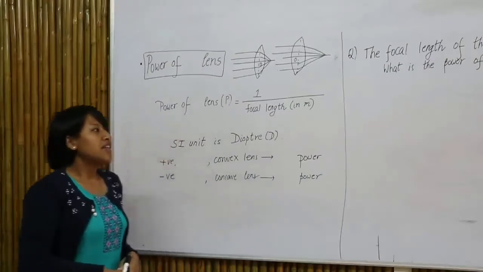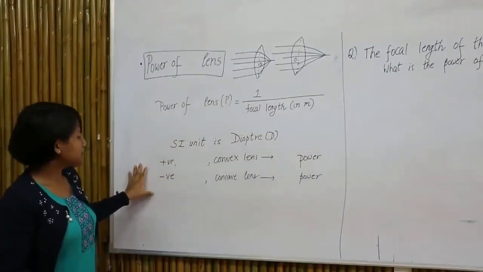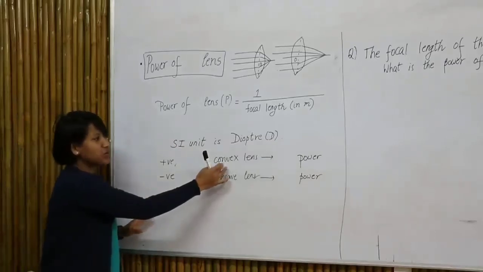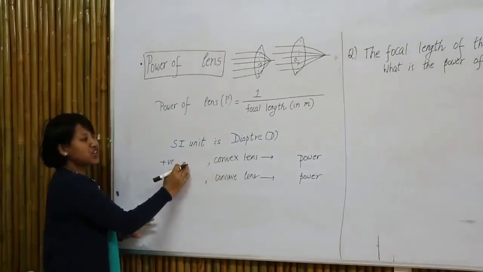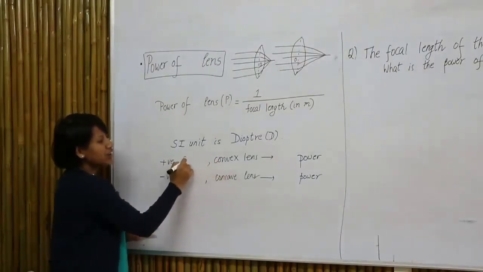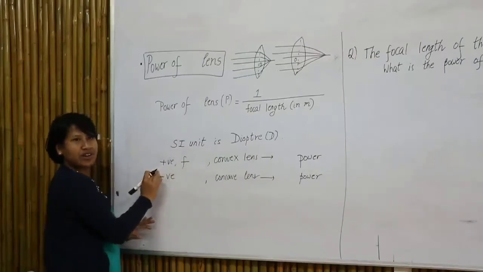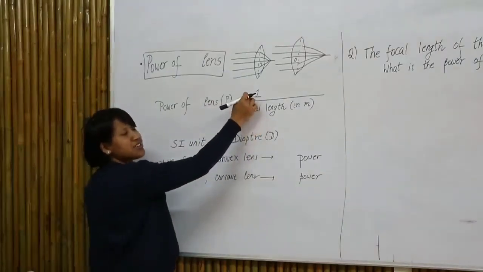As you can see, we follow the Cartesian sign convention. For a convex lens, the focal length is positive, so the power is positive.